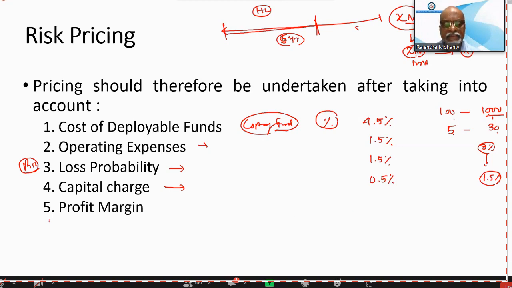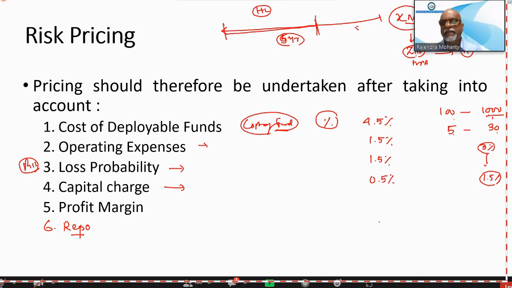Then another thing which is to be added, the sixth one. Now RBI's repo has also to be considered while deciding the rate of interest. That means the repo factor has to be added or deducted. Whenever repo is increasing, you can add that factor to your rate of interest.